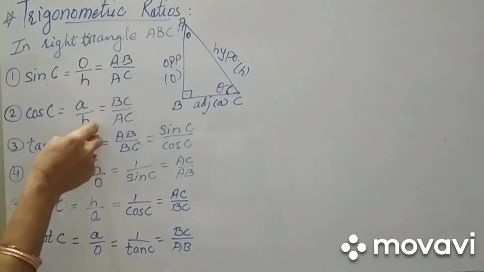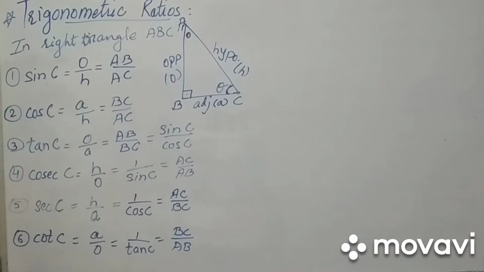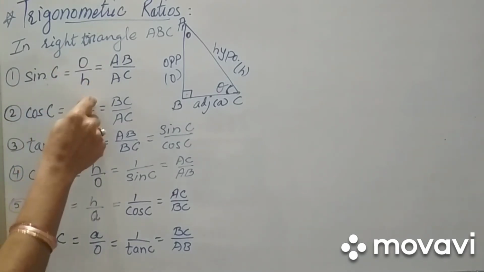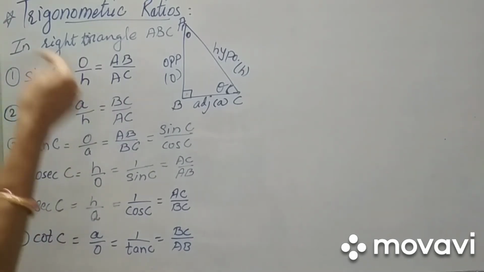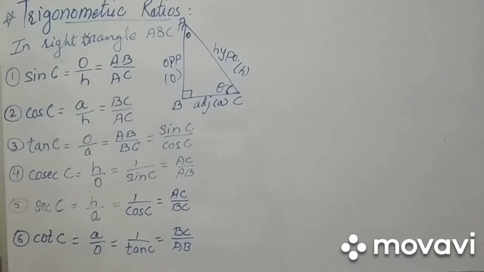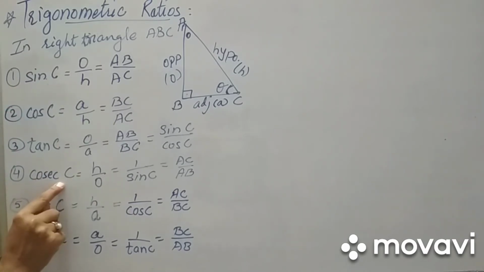Denominator H will come, that is fixed for your brain. OAH, like that. Okay, once again, in order only you have to remember it: sin, cos, tan. OAH.